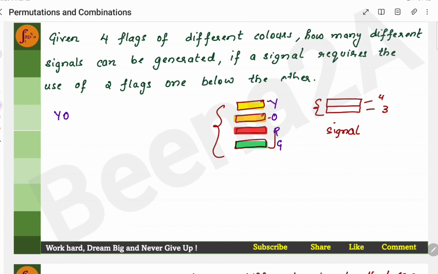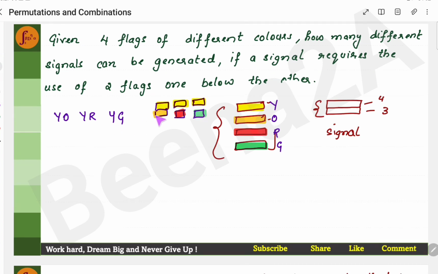Yellow with orange, yellow with red, yellow with green. So there are 3 ways of forming signals.